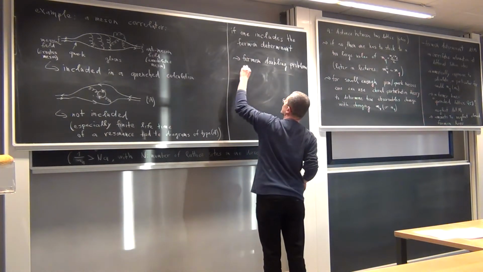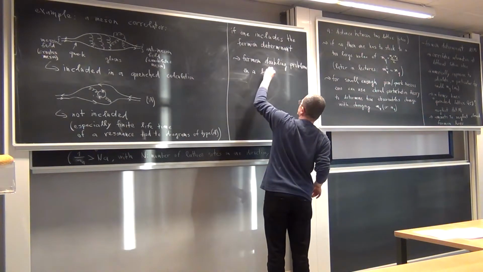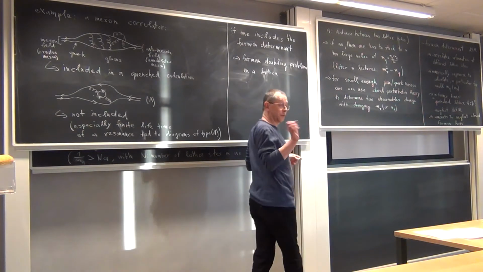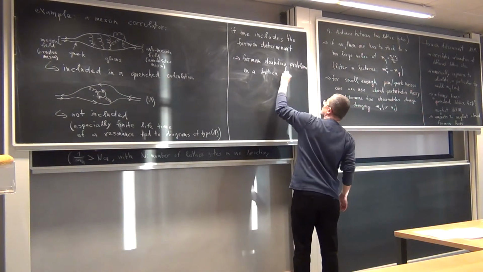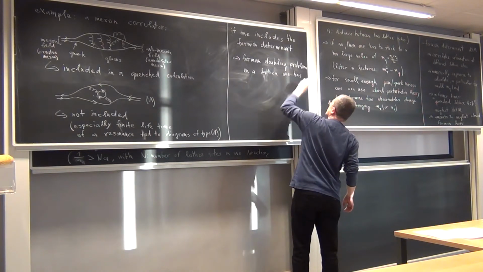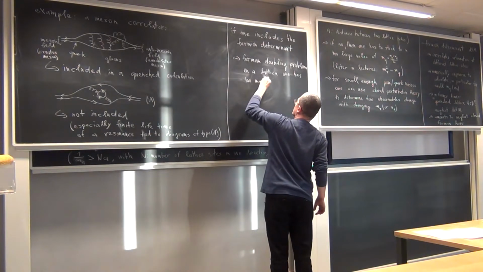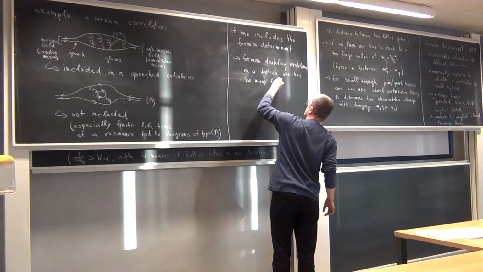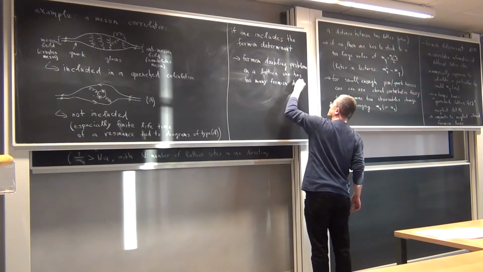On a lattice, which implies that one is not in a continuum limit, one has discrete lattice sites. One has too many fermion degrees of freedom.